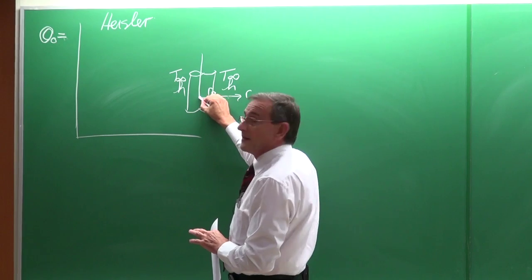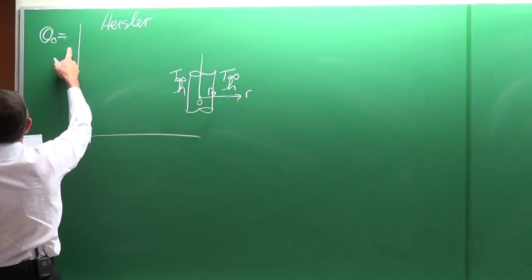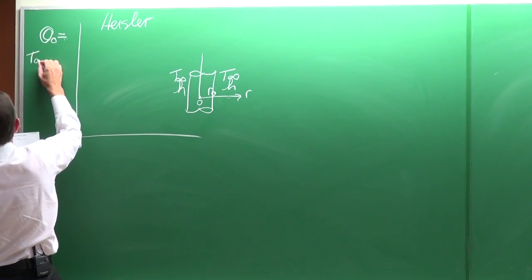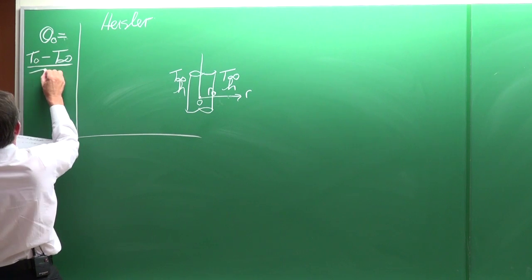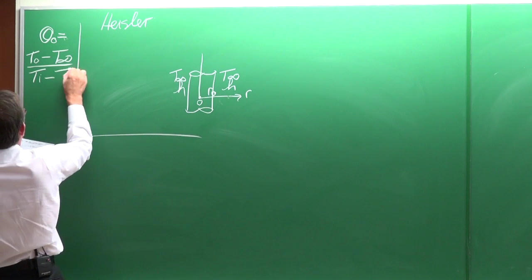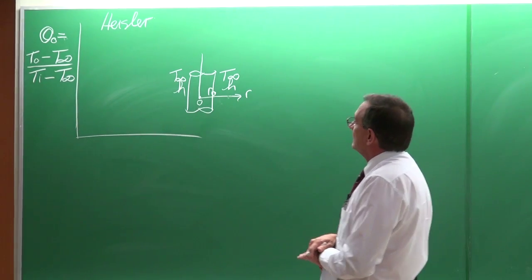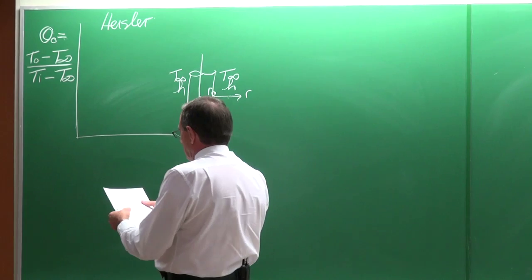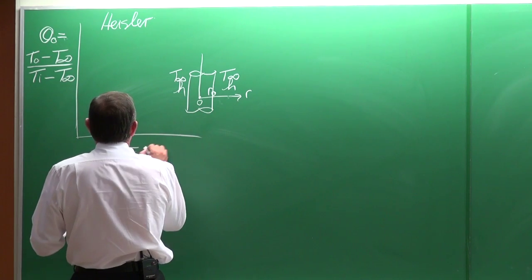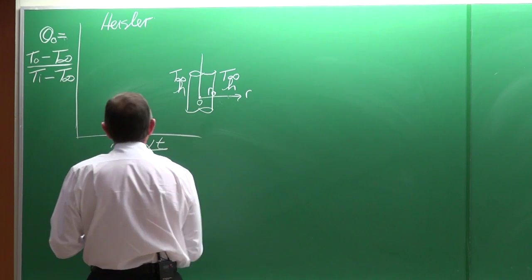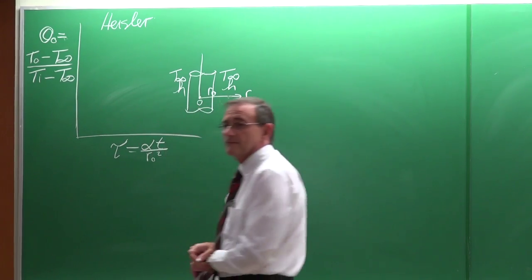That would be at that point there. So theta 0 would be equal to the temperature at point 0 minus T infinity, the environment temperature, divided by Ti minus T infinity. So Ti, the initial temperature. And on this axis, it would have tau, the non-dimensionalized time, which is equal to alpha t divided by R0 squared.